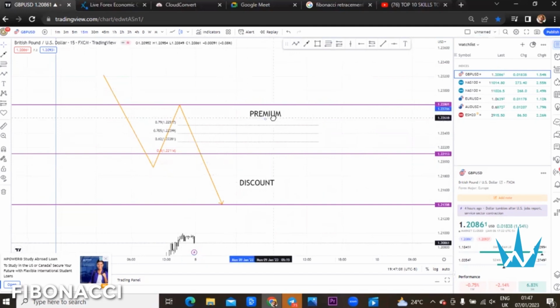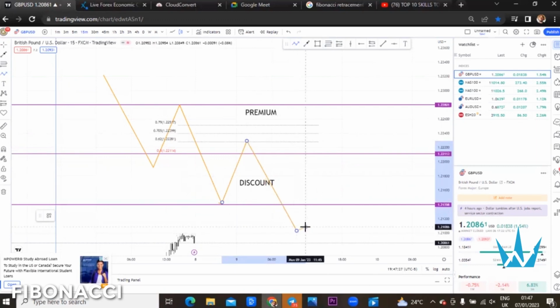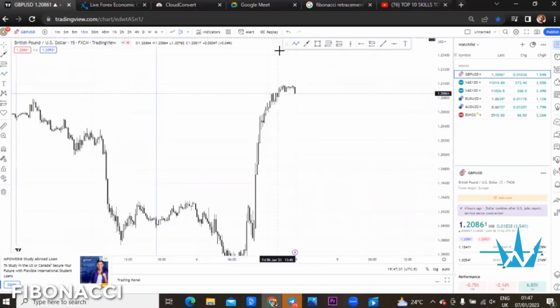So in as much as we are sitting at the moment in discount, smart money will have to buy this up to this level so they can get a premium. Remember, you must buy in discount, buy low, sell high. Buy in discount, when it gets to premium, they short, it keeps going down. This is how an ideal downtrend occurs in the market. So let's go forward into the live charts and let me show you how this works for a downtrend and uptrend.